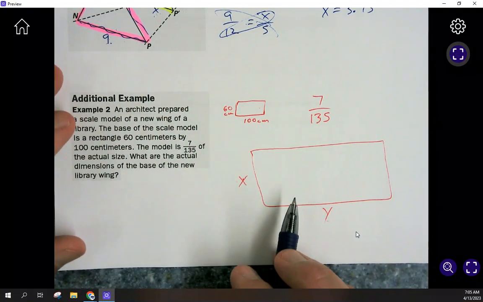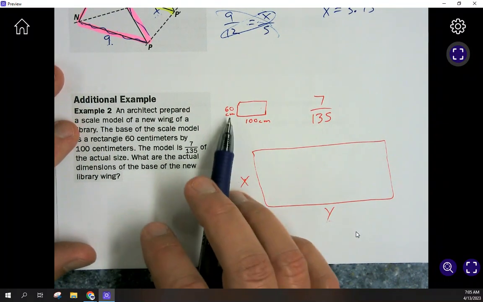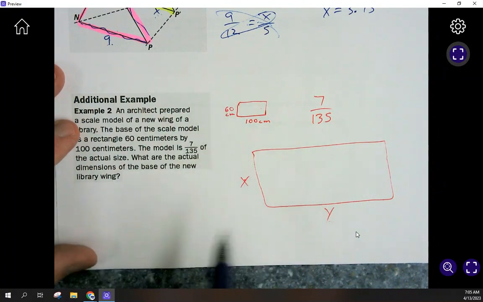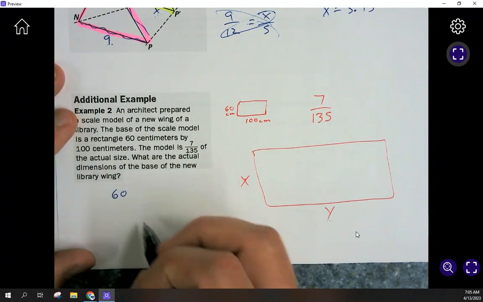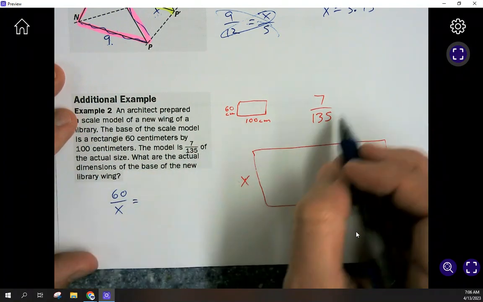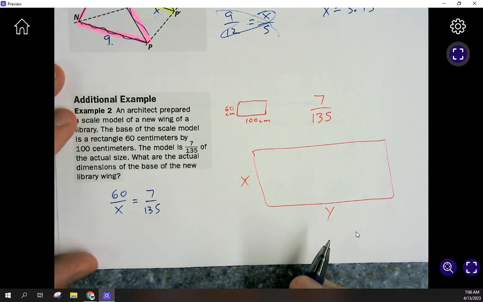So all we have to do here is go ahead and set up some ratios and proportions. Now you don't want to shove all the numbers in at once. You're going to do them each individually. So I'm going to say that 60 compares to the real life measurement x at this ratio, 7 to 135. Now notice how I set that up.